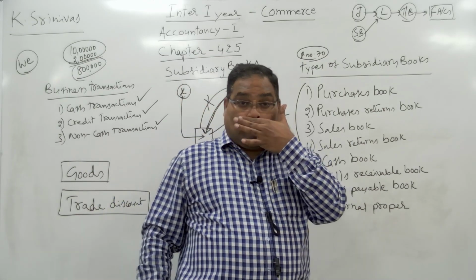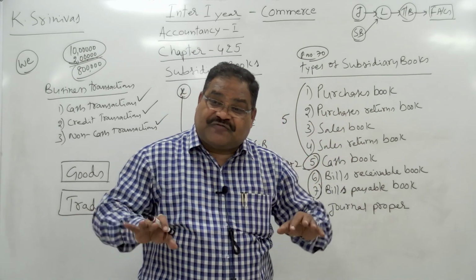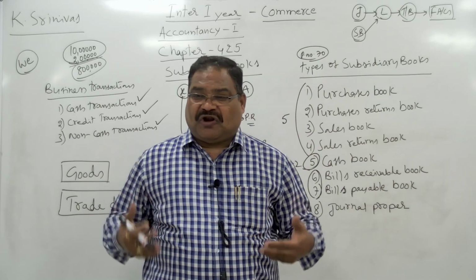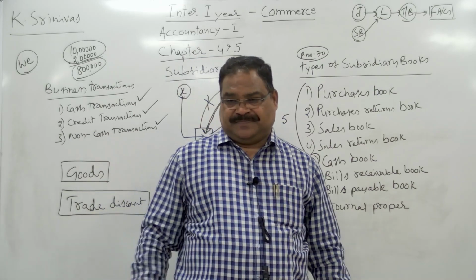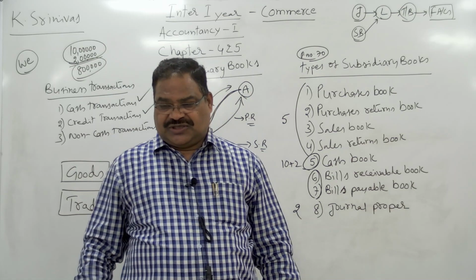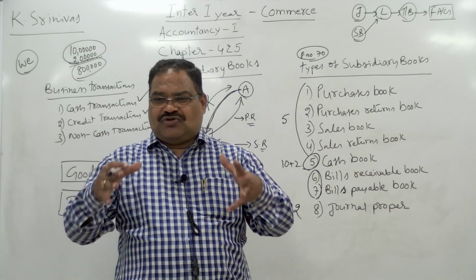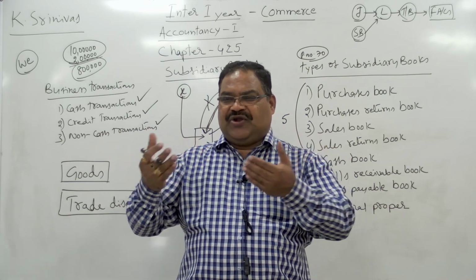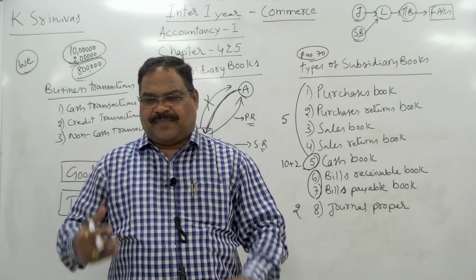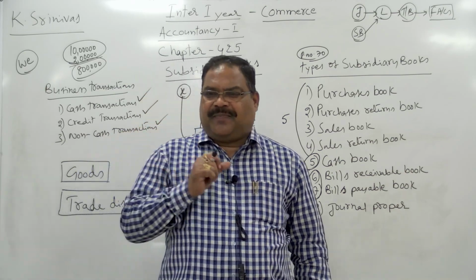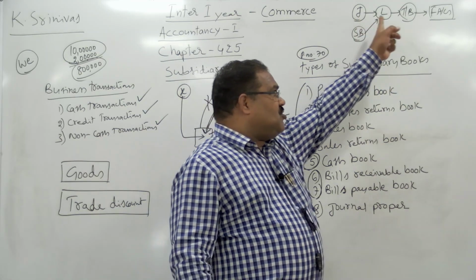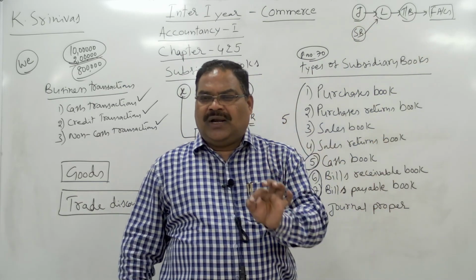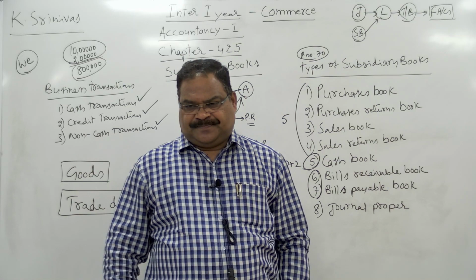But if the organization is very big, assume that every day n number of transactions are taking place in the business, 1,000 transactions, 2,000 transactions, because when you sit in the cash counter in a big organization, you take continuously cash receipts, payments, etc. So for a big business organization, this way is not suitable. This is suitable only for small business organizations.